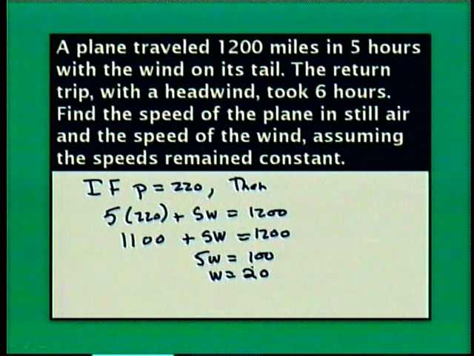So it seems like the speed of the plane is 220 miles per hour, and the speed of the wind is 20 miles per hour. That's the speed of the plane in still air.